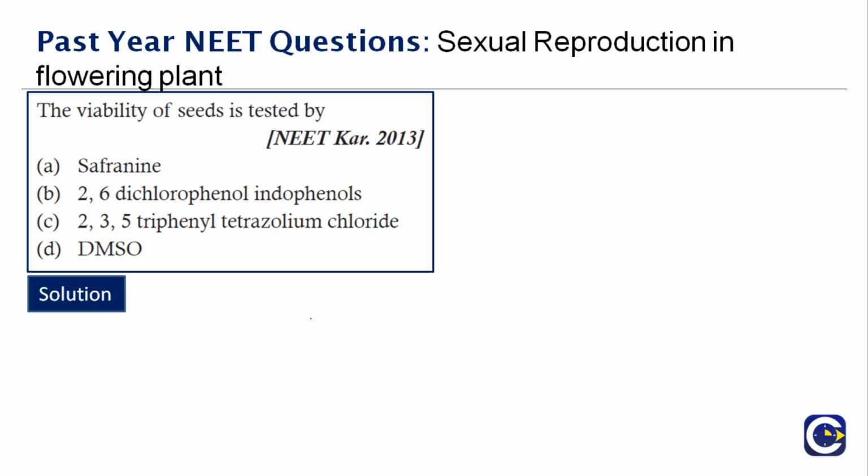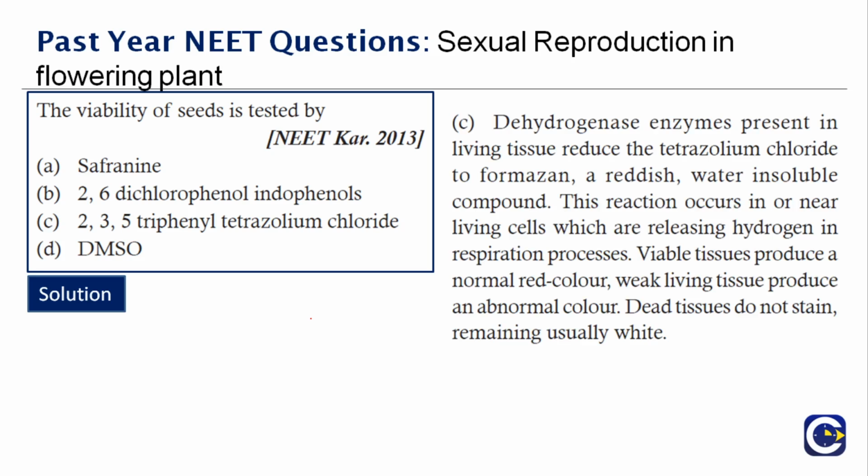Viable tissues produce a normal red color, weak living tissues produce an abnormal color. Dead tissues do not stain, remaining usually white. So you test the viability of seeds with the help of 2,3,5-triphenyl tetrazolium chloride. Therefore, the right answer is option C.